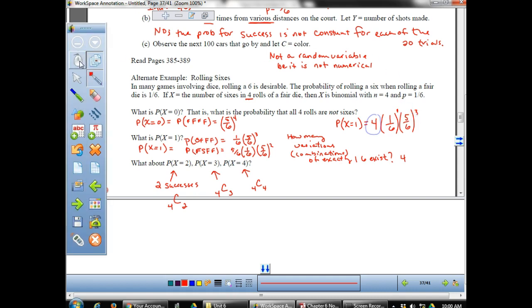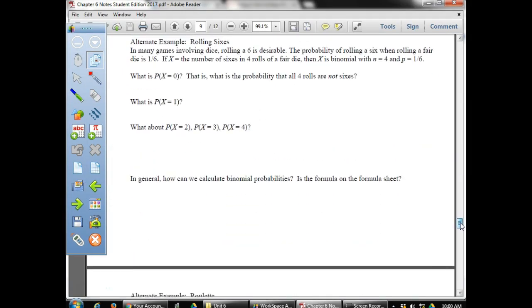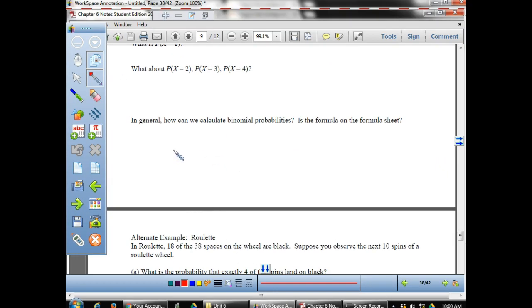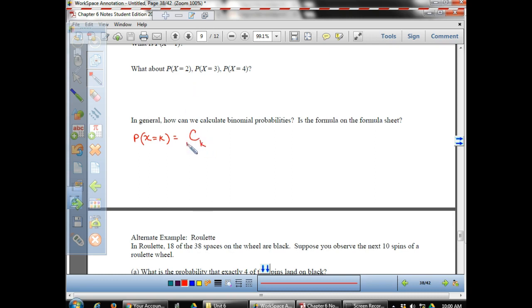So let me summarize this. How are we going to calculate these? Well, P of X equals K, and this is just like X equals 2, for example. That's all I'm saying there. It is going to be C, and I'm going to choose K out of N, like I just showed you.